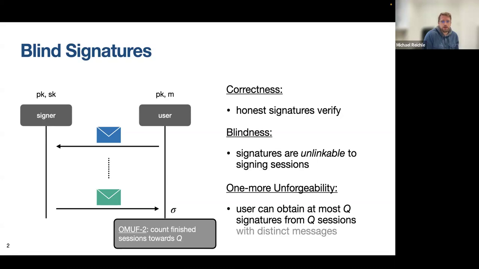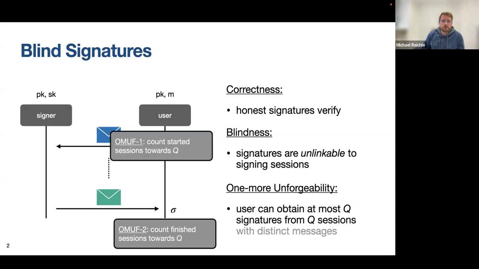For OMOF2, it's the intuitive notion where we count all the finished sessions towards Q, because those are the sessions where the adversary trivially gets a signature. So for these sessions, it of course must provide 1 signature and then plus 1 forgery. Slightly weaker is the notion of OMOF1, where also the started sessions are counted towards Q. This means that even though the session wasn't finished, the adversary was still asked to provide a signature for it.